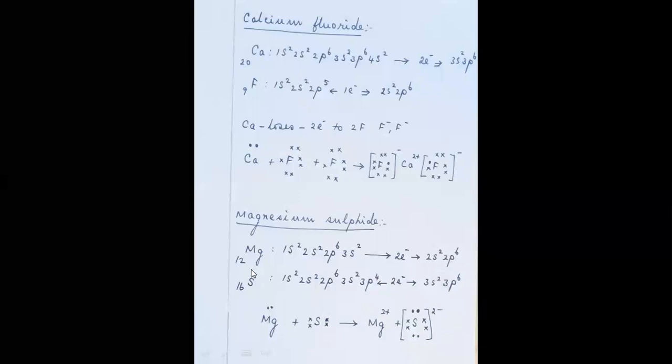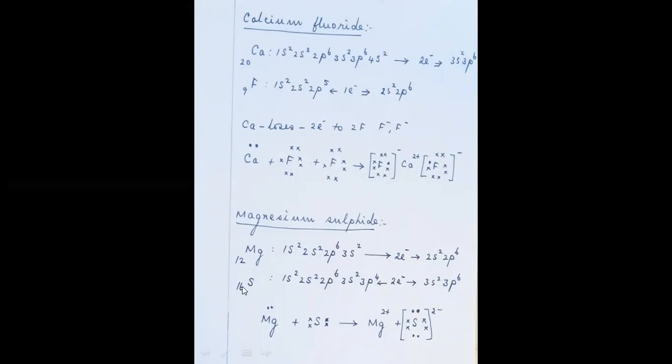If you take sulfur, sulfur is with the atomic number 16 and the electronic configuration is 1s2 2s2 2p6 3s2 3p4. Look at the outermost electronic configuration, s2p4. This is stable when it becomes s2p6.